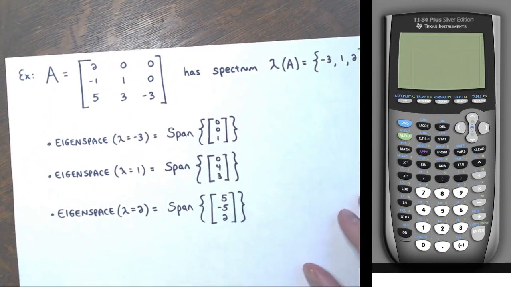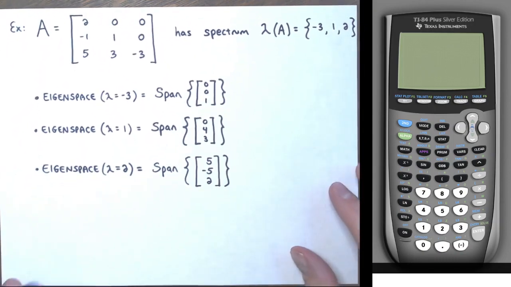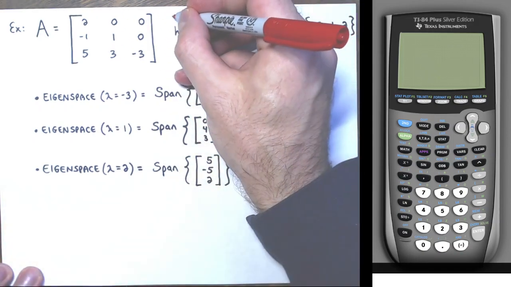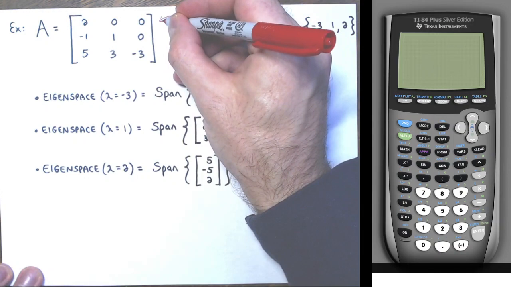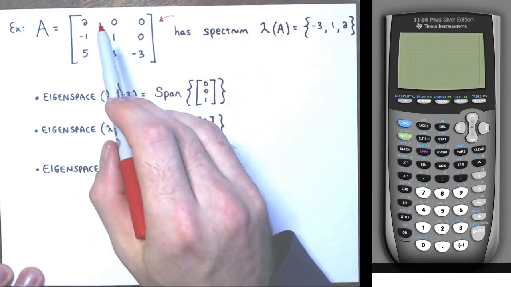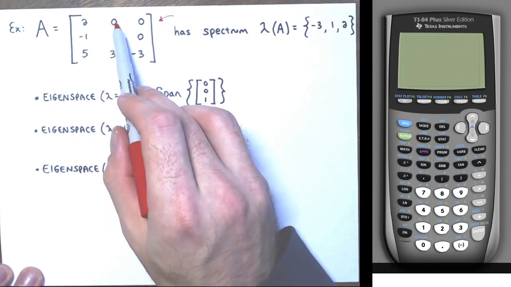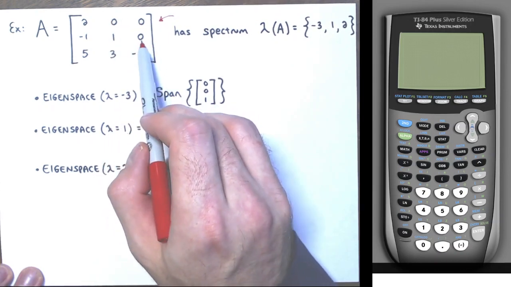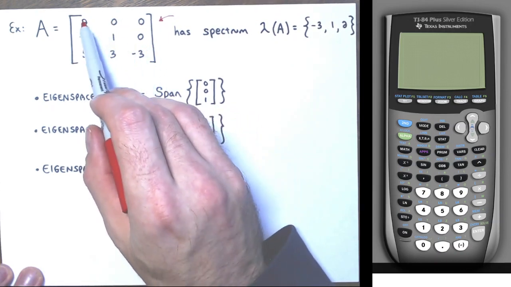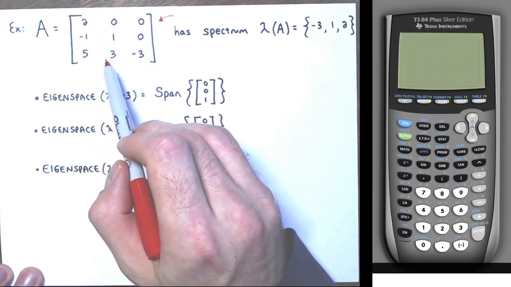All right. And my very last example, another 3x3. Let me show you this one before I even get to statement 4. This one is triangular. Look, here's the main diagonal. You see how there are all zeros above the main diagonal, so the only non-zero entries are either on the main diagonal or below.